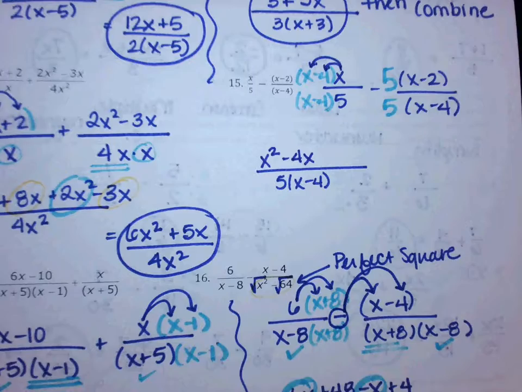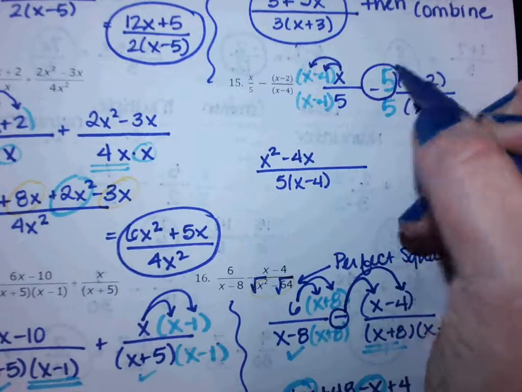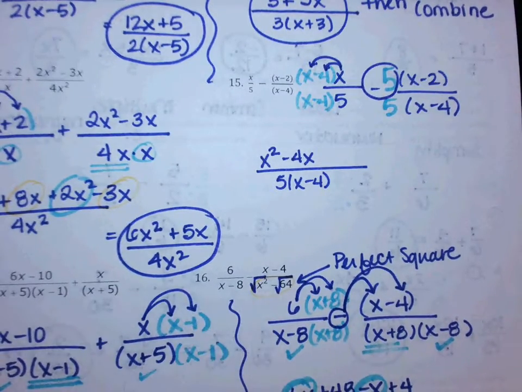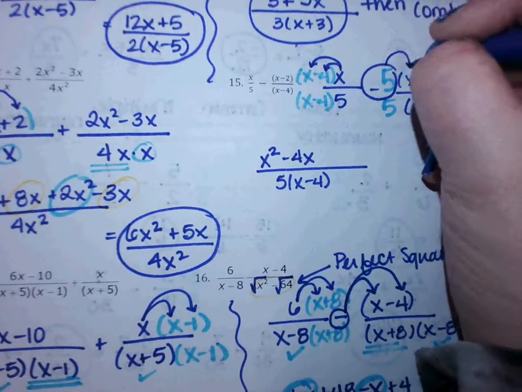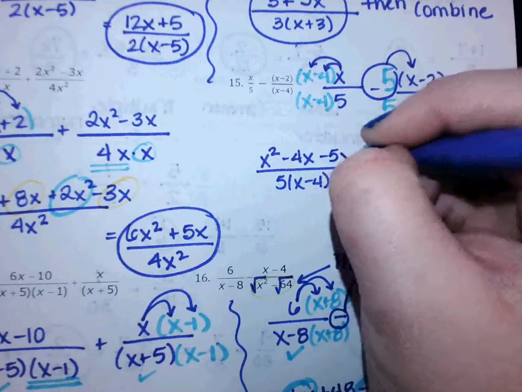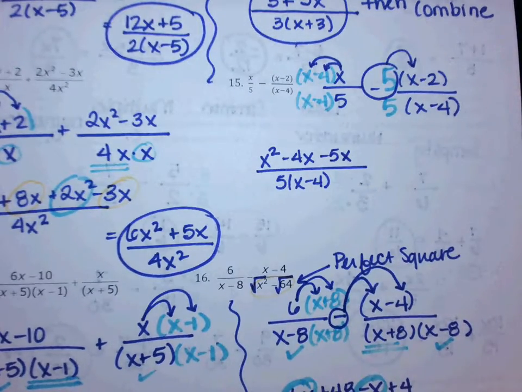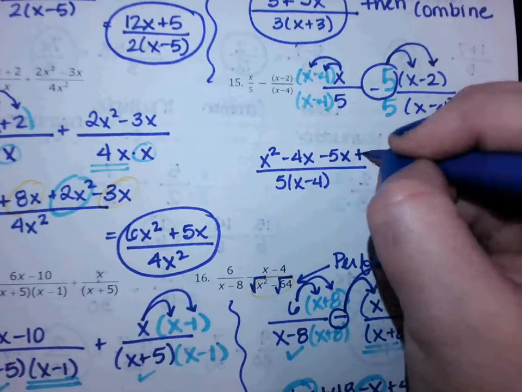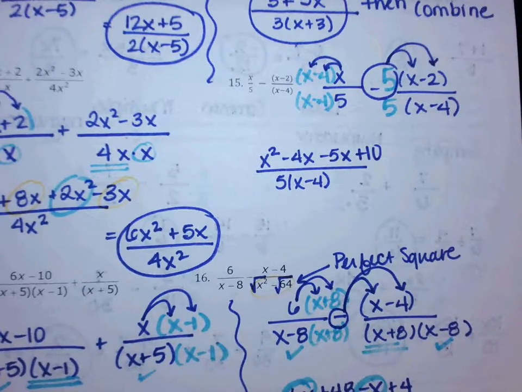Now, on my second fraction, what am I distributing? Not just a 5, a minus 5. Because remember, if it's subtraction, you have to distribute that negative as well. So it's negative 5 times x is negative 5x. And then negative 5 times negative 2 turns into a plus 10, positive 10, good.